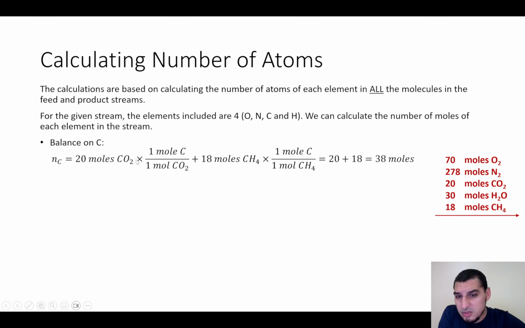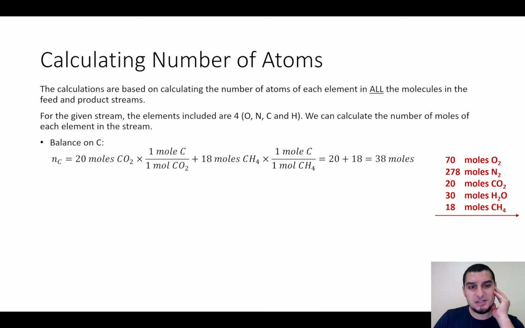I put the units just to demonstrate how we do the calculations, and we already did this, I believe, in chapter 3, and we were able to calculate the number of atomic carbons, or oxygen, or whatever. So this is a very straightforward thing.